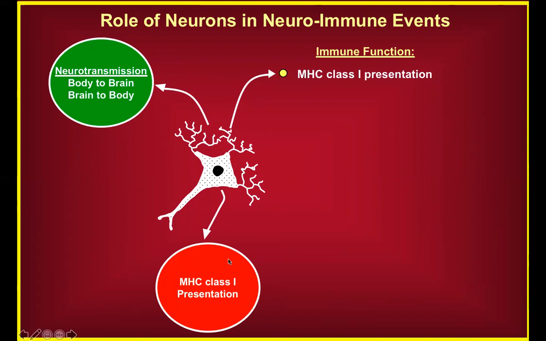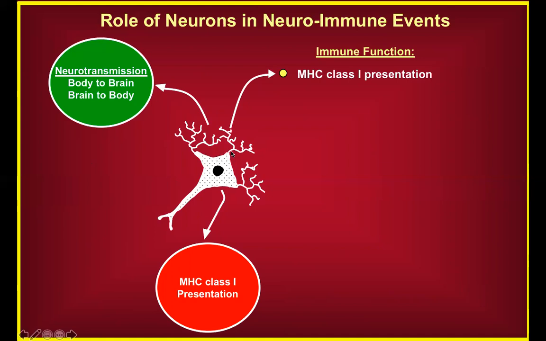Now, MHC class 1 is something that all nucleated cells have. It's how our cells declare self. So they present self-antigen on this MHC class 1. This is something that we'll talk about when we get a little bit more into the immunology parts. But every nucleated cell will have this, and it's a way you present, so the immune cell knows that you're part of your own body.